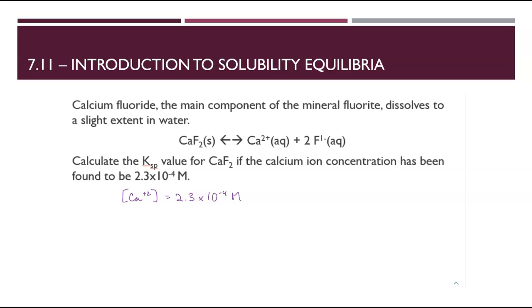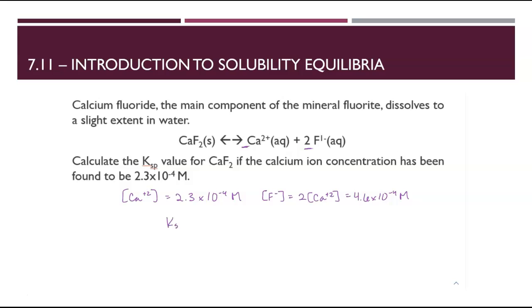From our reaction stoichiometry, it's a 1:2 ratio, so the concentration of fluoride ion is equal to 2 times the concentration of calcium ion. That comes from the ratio of fluoride to calcium ions in the compound. This gets us 4.6 times 10 to the negative fourth for fluoride.